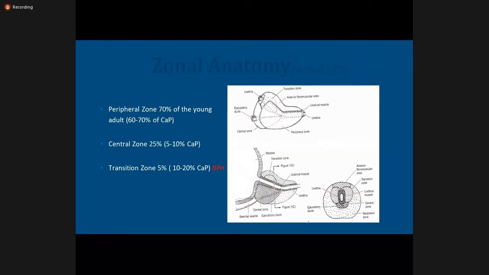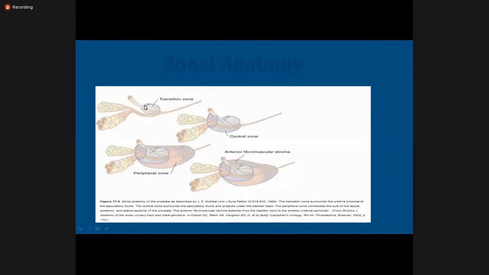The transitional zone constitutes only about 5% of the weight of the prostate. But benign prostatic hyperplasia usually originates from this transitional zone. We'll see the zones in the next picture in more detail. This is the transitional zone, and there is a central zone behind it and the peripheral zone surrounding all over it.